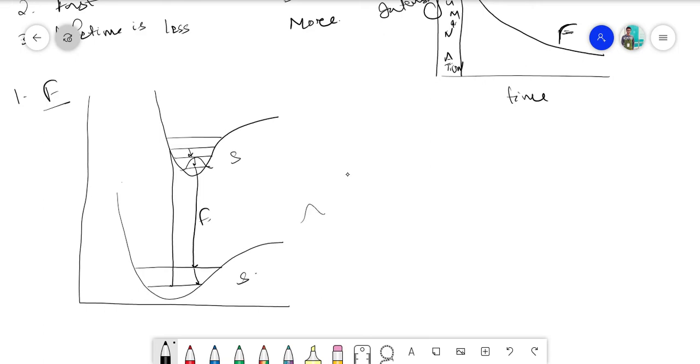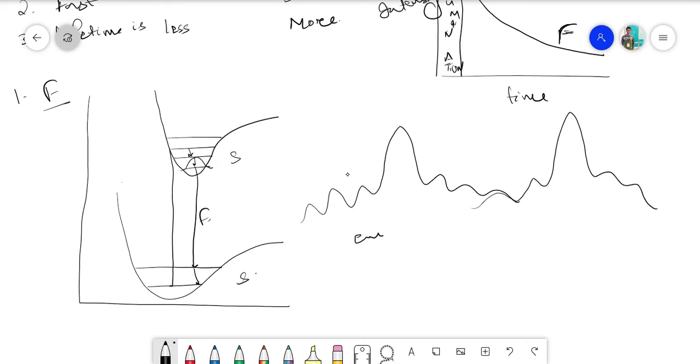The spectra would look something like this. This is your absorption spectra, and this is frequency or energy. Now, if you label them, this will be 0 to 0, from the 0th excited state to 0 in the ground state.